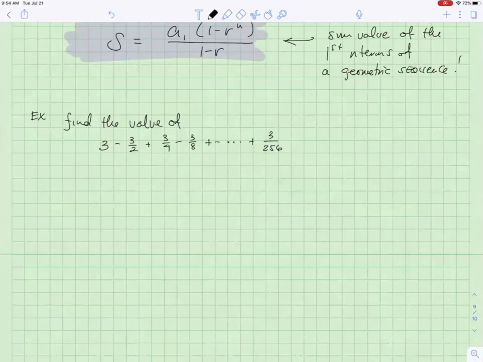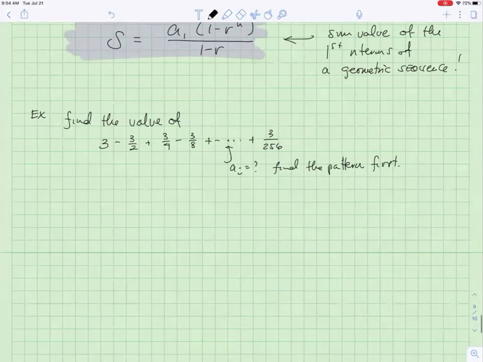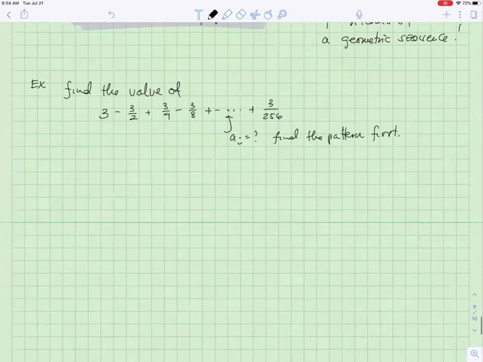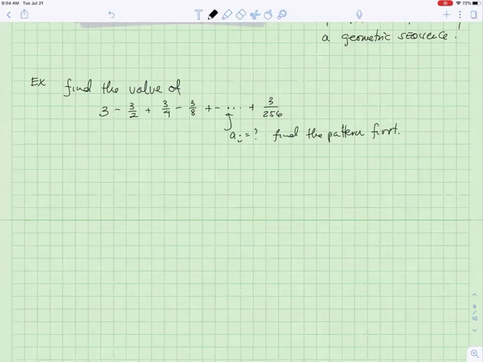So the first thing that we need to do here is find a pattern. What is the general ith term here? Find the pattern first. So let's see, we can rewrite this as alternating.